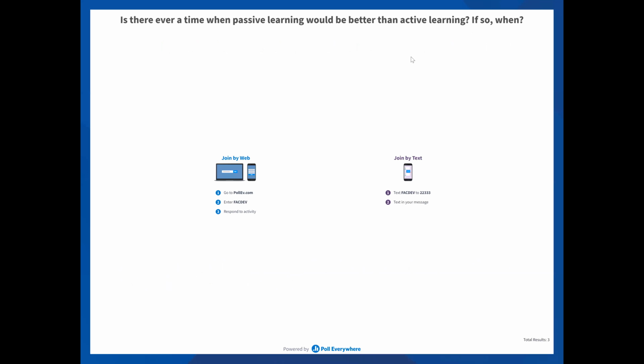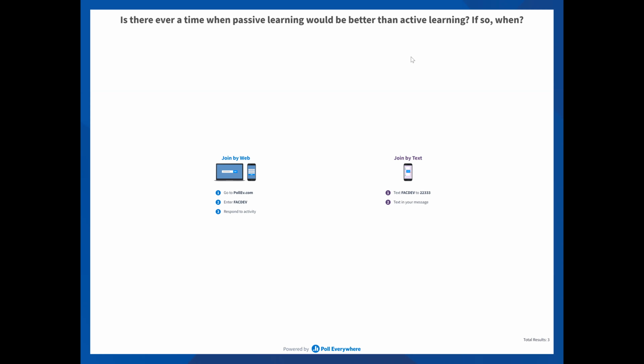So here's another question. Is there ever a time when passive learning would be better than active learning? And if so, when? And again, you don't need to answer. I think I've used an example over and over.